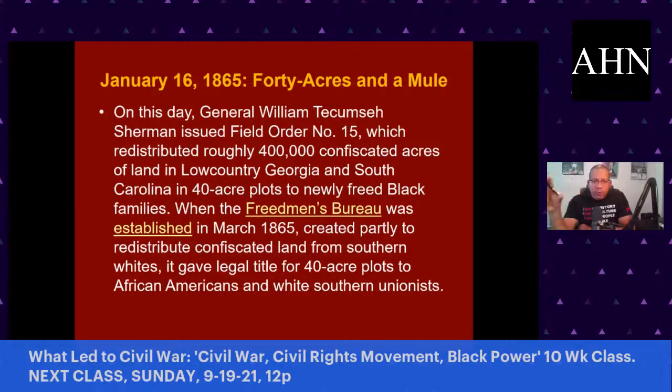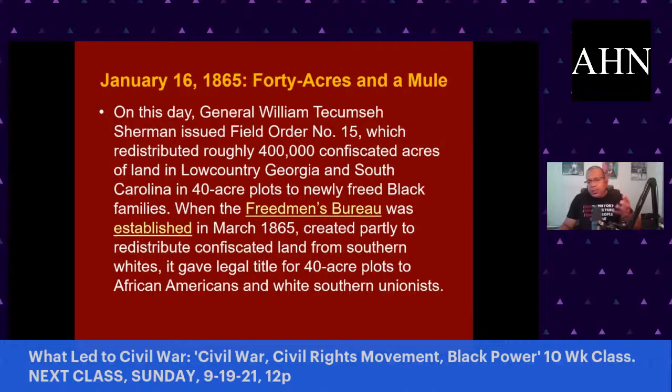The Freedmen's Bureau was created by Act of Congress in March 1865, partly to redistribute confiscated land from Southern whites. It gave legal title for 40-acre plots to African Americans and white Southern Unionists.